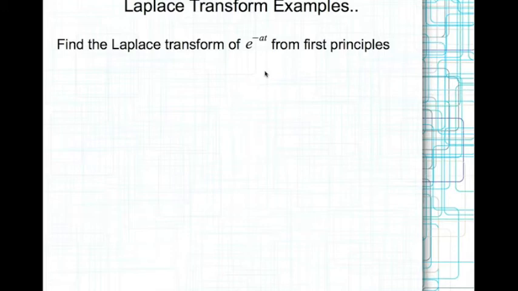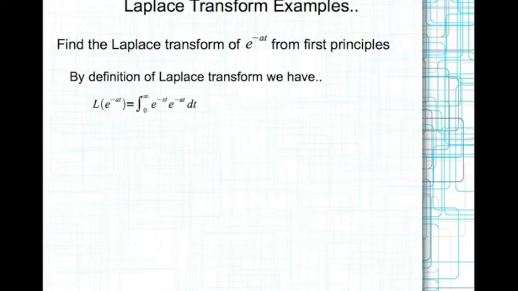Let's look at some Laplace transform examples. So let's look at Laplace transform of e to the power of minus at. By definition, Laplace transform of e to the power of minus at is the integral 0 to infinity of e to the power of minus st times the function dt, and the function here is e to the power of minus at.